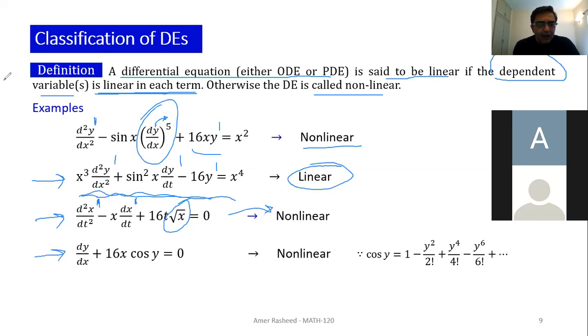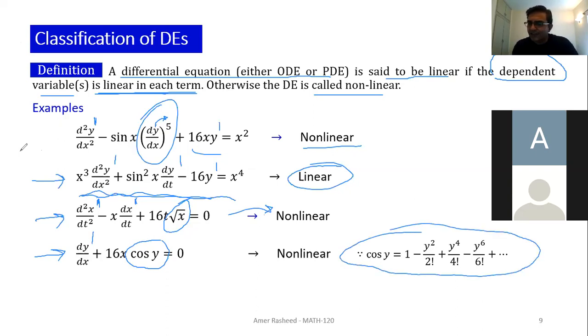You can see now the fourth differential equation. In the fourth differential equation, the power of the dependent variable y is 1 in the first term, and here you can see this is cos of y. Now cos of y is a non-linear function because cos of y can be written in series form.